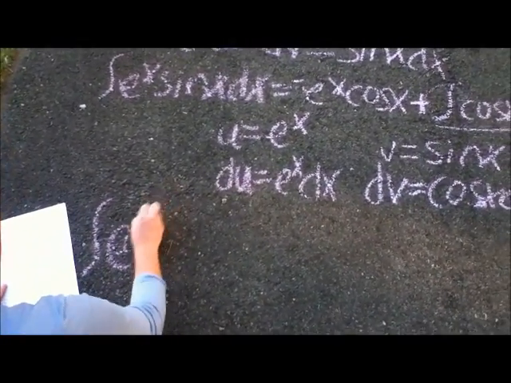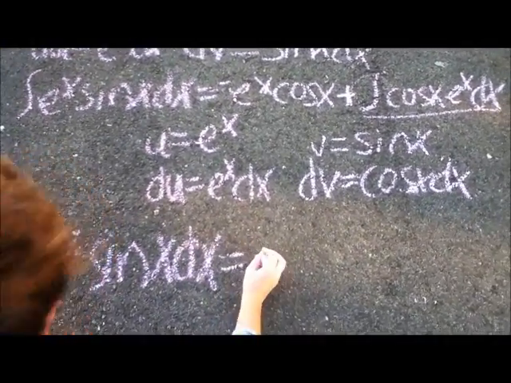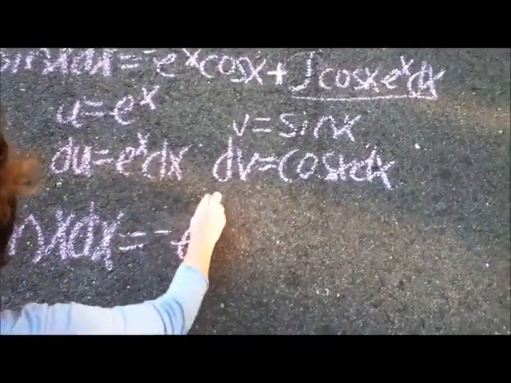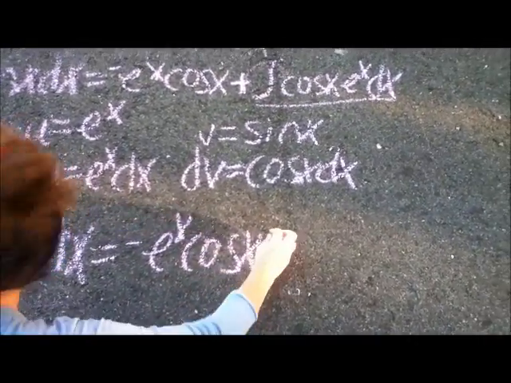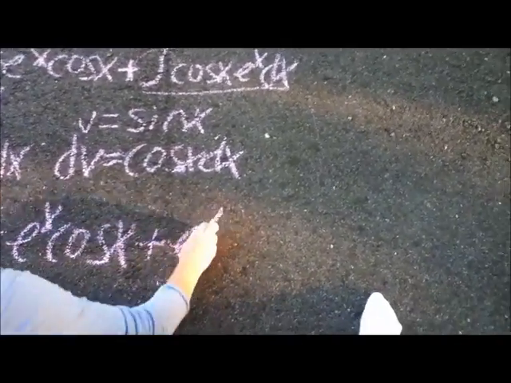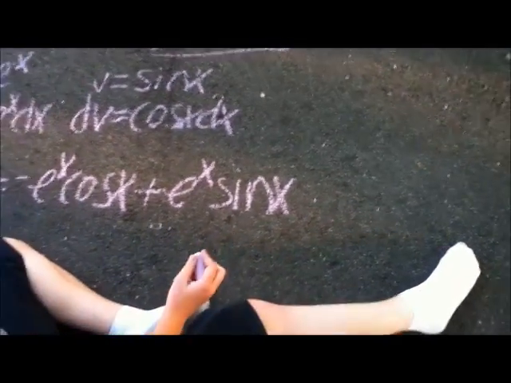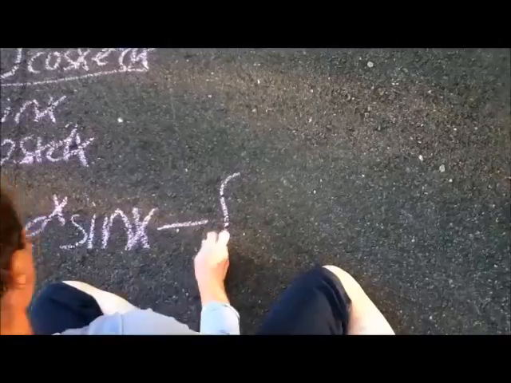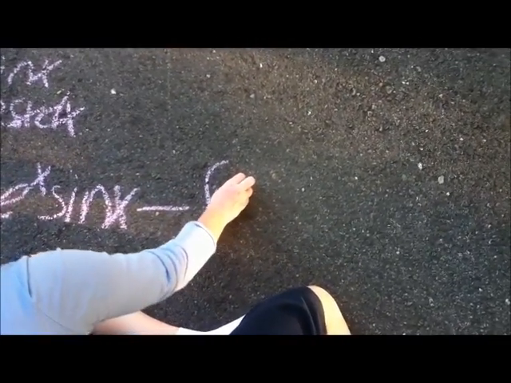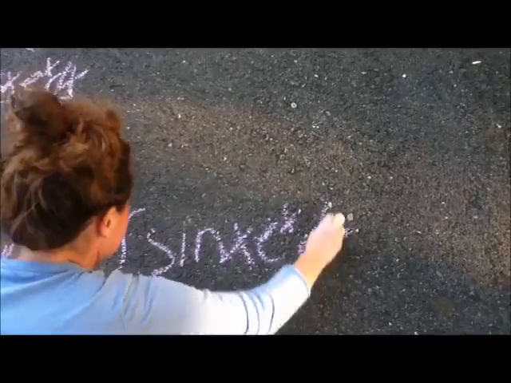So the integral of e to the x sine of x dx equals negative e to the x cosine x plus u, e to the x, times v, sine of x, minus the new integral of v, sine of x, times du, e to the x dx.